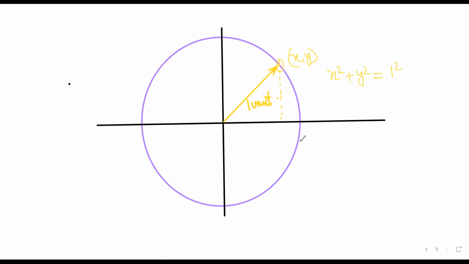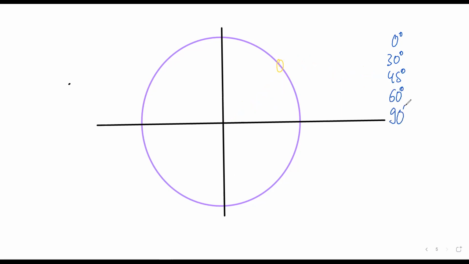Now what we'll do is, because from class 9th and class 10th, we have been focusing more on the values 0, 30, 45, 60, 90.